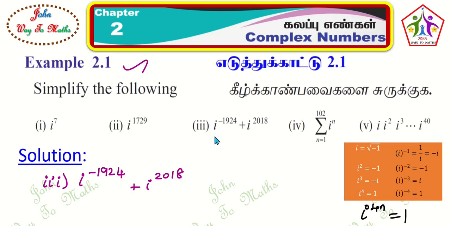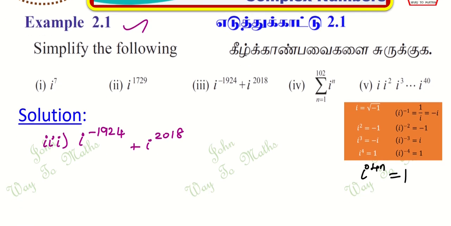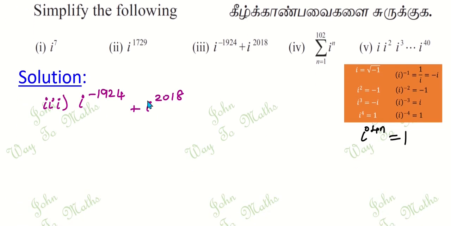Third subdivision becomes i power minus 1924 plus i power 2018. First, let's minimize 1924. Dividing by 4, 4 4s are 16, remaining is 3.